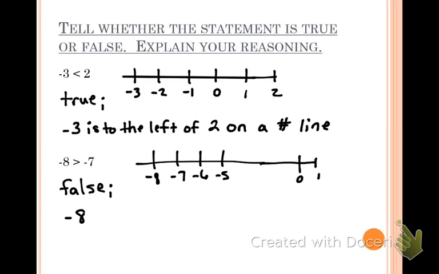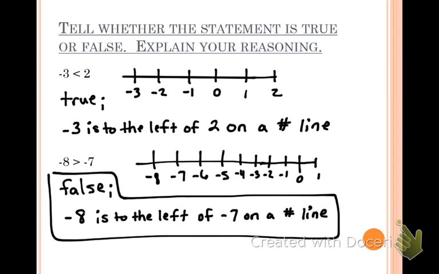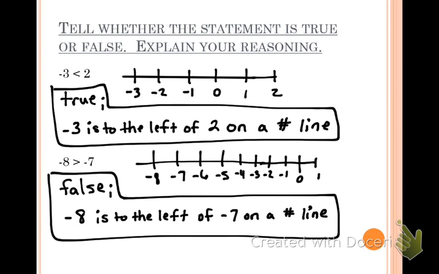Because -8 is to the left of -7 on the number line. So one thing you want to remember is any numbers over here to the left side are always getting smaller. And anything as you go to the right, those numbers are always getting bigger.